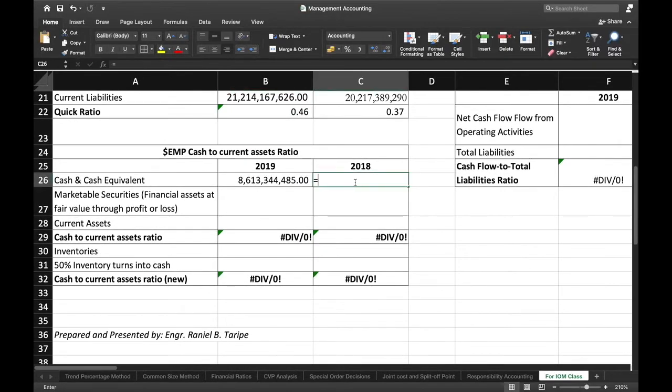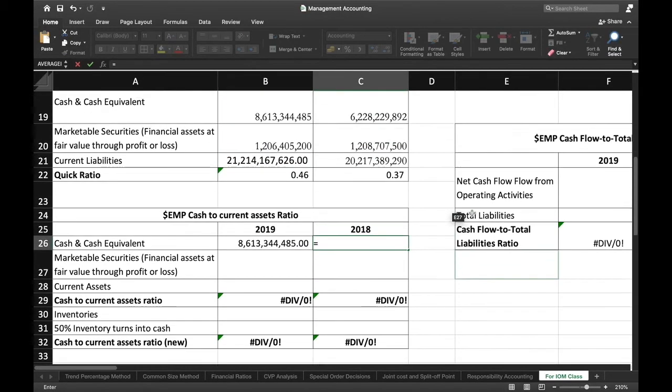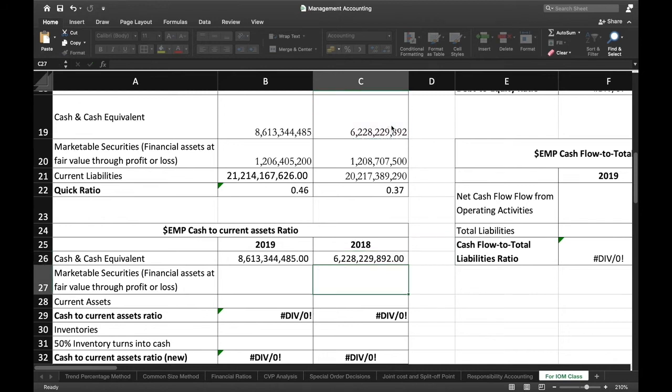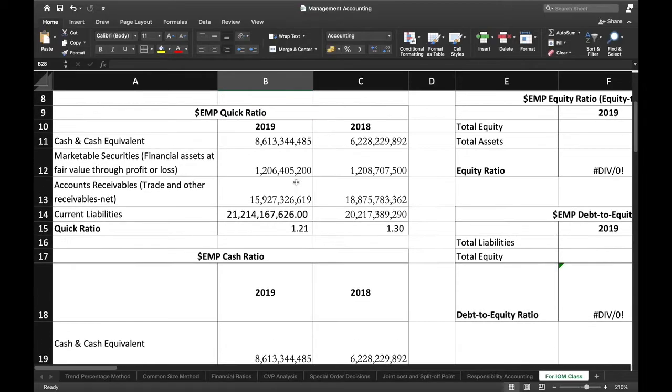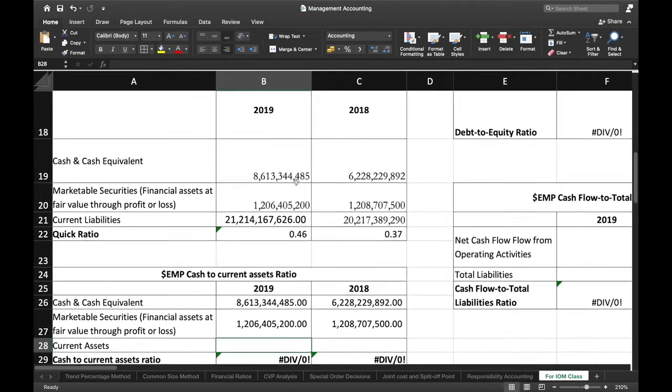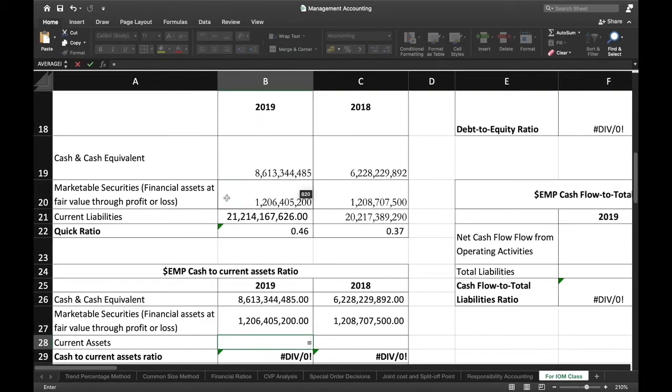Ito rin, copy din natin sa taas. Cash and cash equivalents, marketable securities. Copy natin dito. Okay. And ito. So, for current assets, let's copy this. Current assets. Equal sign muna.